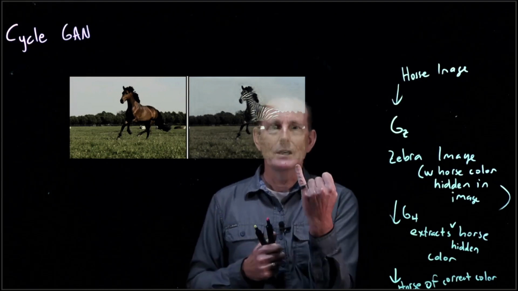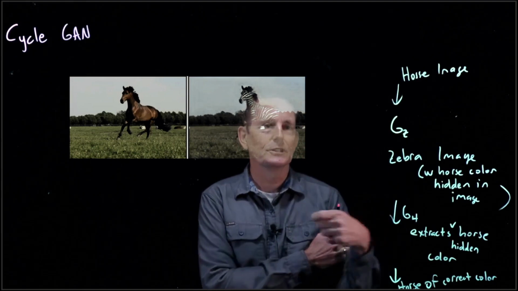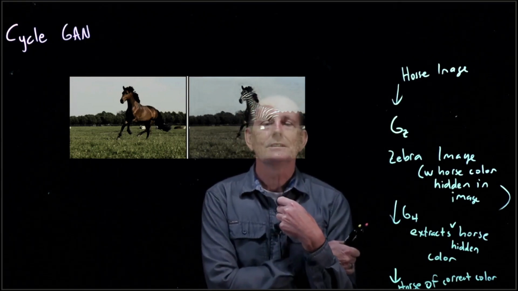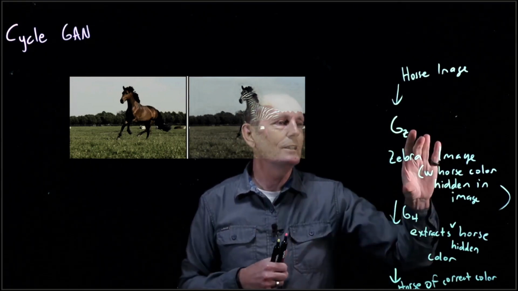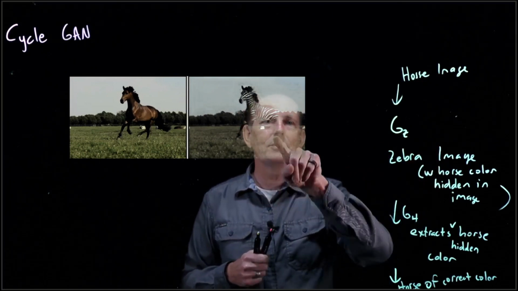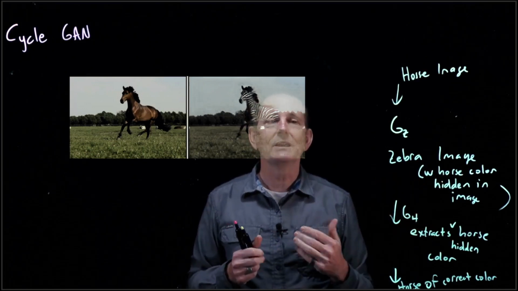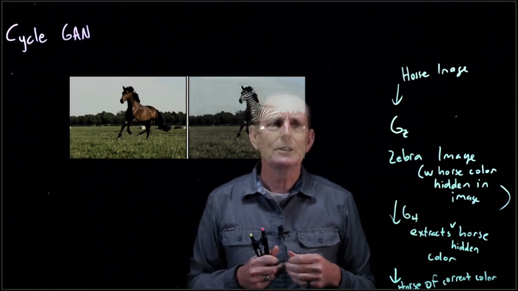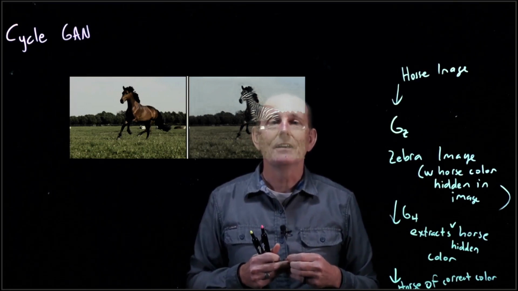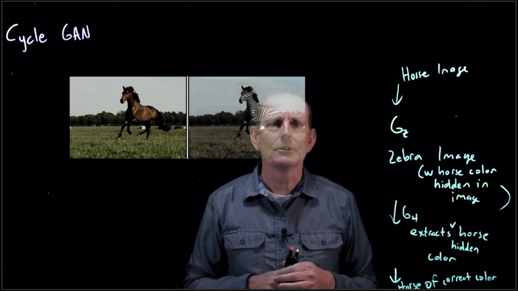And our loss function was, one, fool the discriminator. And both of these are still fooling the discriminator, okay? It's not like we created a zebra with a big label on top of it that said brown, right? And then the discriminator might be confused and say, if I see a zebra with the big words brown on top of it, I don't ever see those in real life.